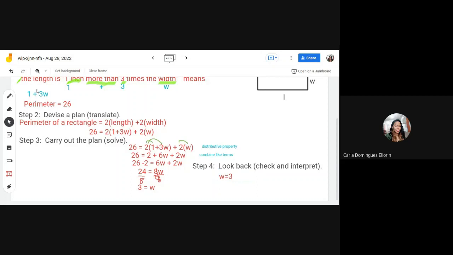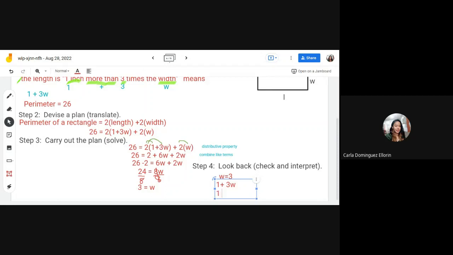So, W is equal to 3, and our length is 1 plus 3W. We don't know the specific value yet, so to get that, substitute the value of W, which is 3.